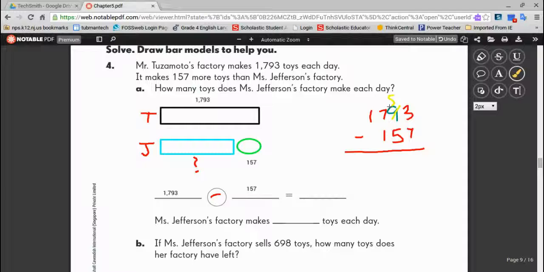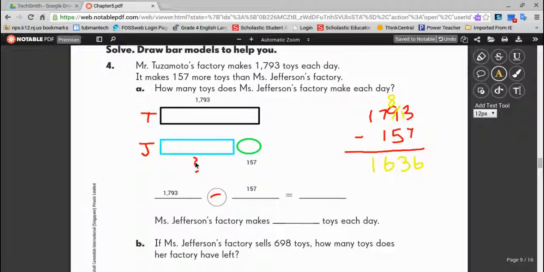Take one of my 10s away, add 10 here makes it 13. 13 minus 7 is 6. 8 minus 5 is 3. 7 minus 1 is 6. And 1 straight down. So I know I have 1,636.